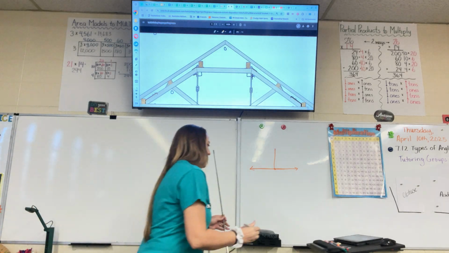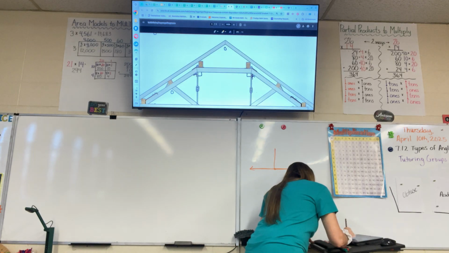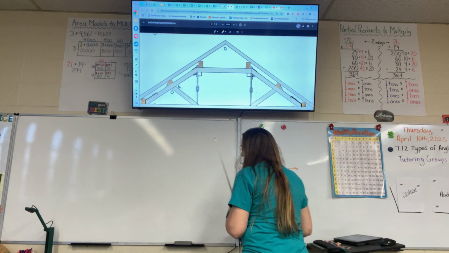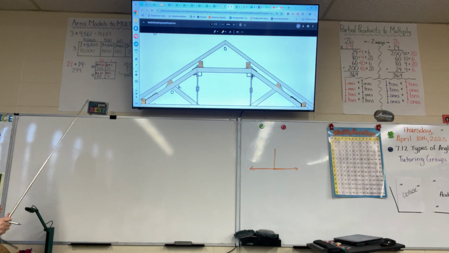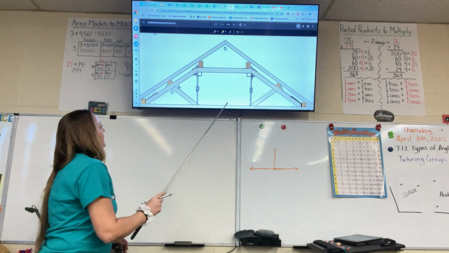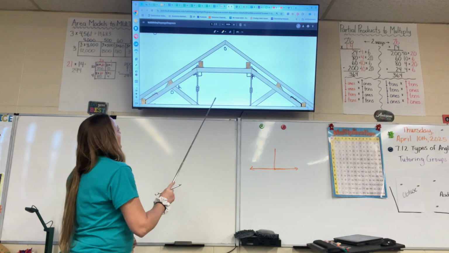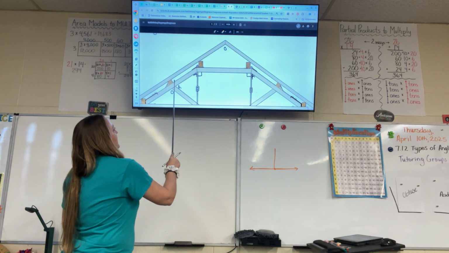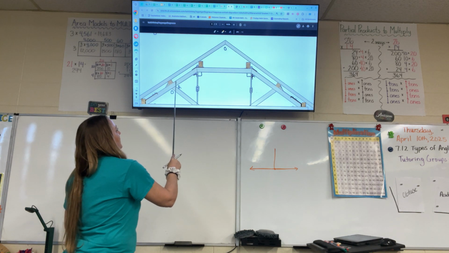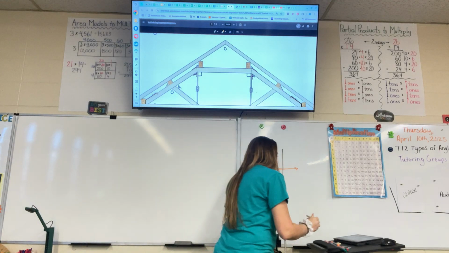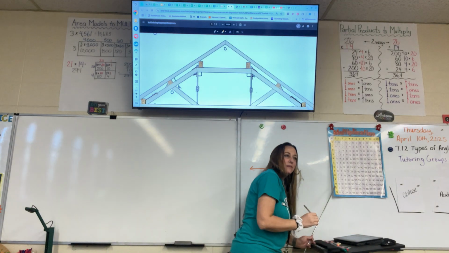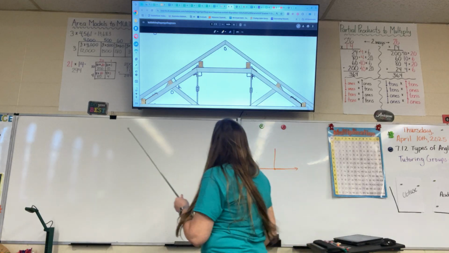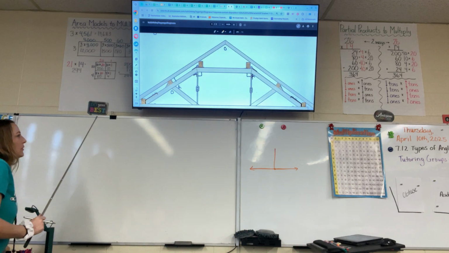Acute. Okay. Brooklyn, what kind of angle is this right here? A right. Yep. I can just draw another box or another line there. And then one more.